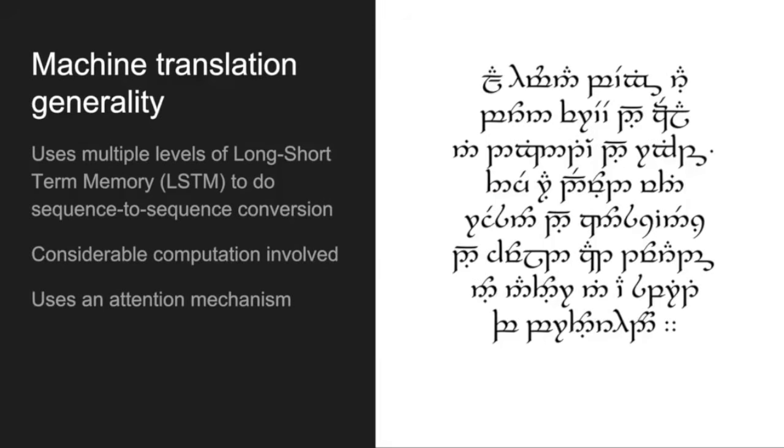Now, in order to do this, it uses long short-term memory, LSTM, which is a neural network architecture, and it actually uses several deep neural networks in concert, one to carefully ignore parts of the input, one to choose what to remember, one to choose what to forget, one to choose what to pass on. There's quite a bit of computation involved.